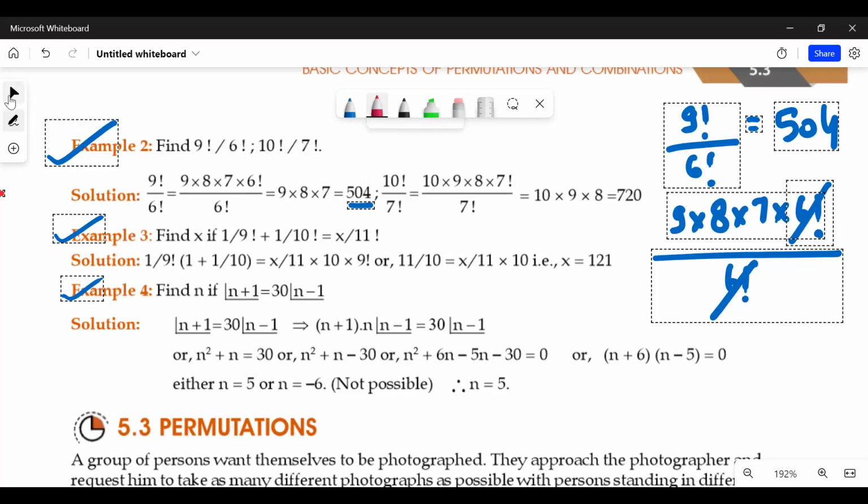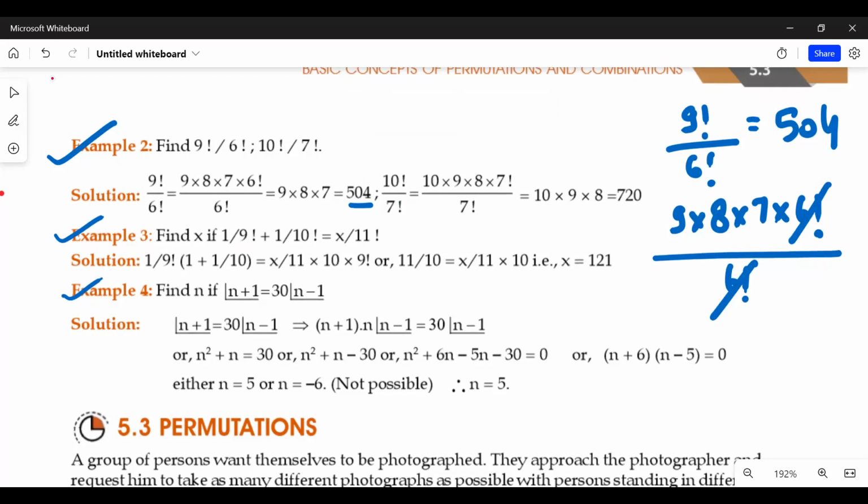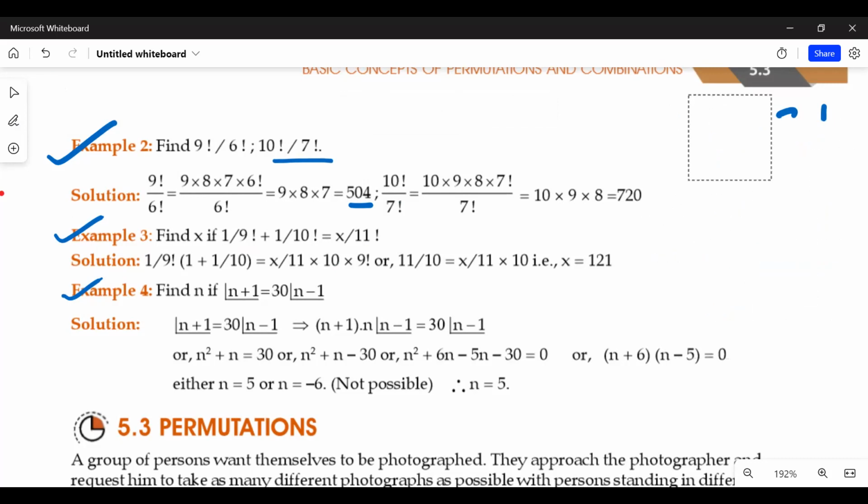Do the other one, 10 factorial by 7 factorial. You will get 720. Done, everyone? Any doubt? No, sir.